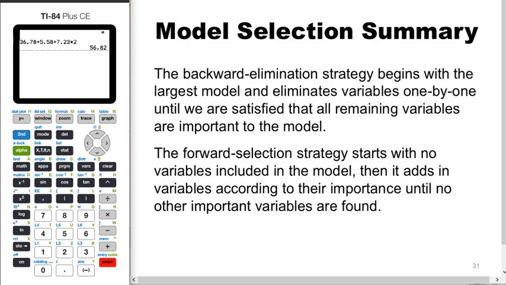The backward elimination strategy begins with the largest model and eliminates the variables one at a time until we are satisfied that all remaining variables are important to the model. The forward selection strategy starts with no variables and adds one at a time until there are no more important variables to find.